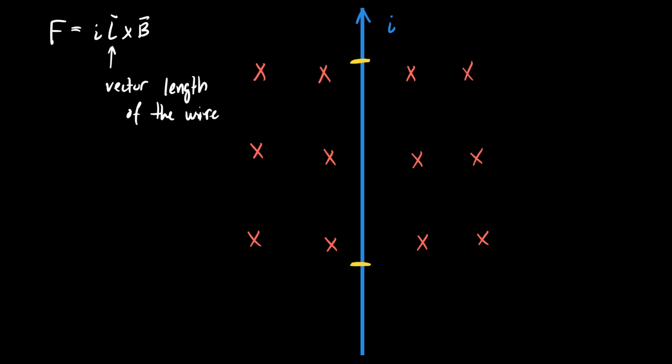Based on the cross product, can you take a minute and tell me the direction of the force on this wire? All right, point in the direction of the force in this wire.